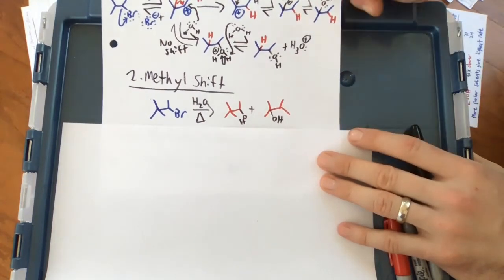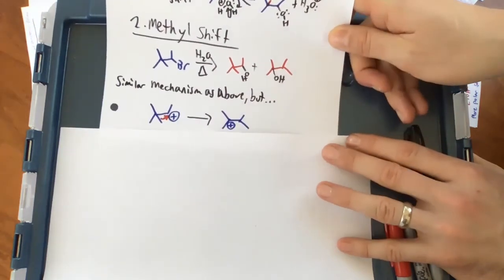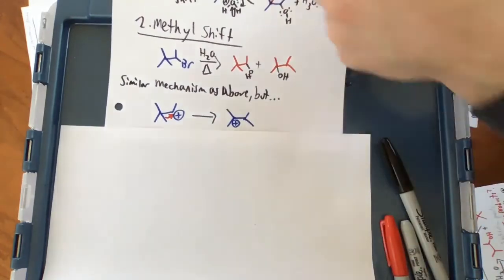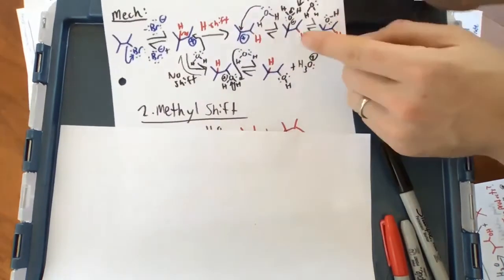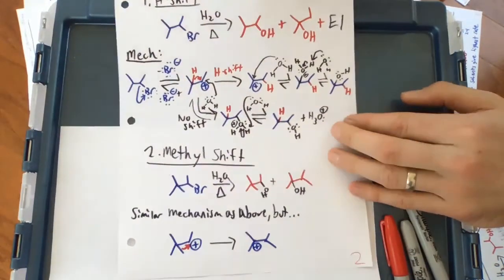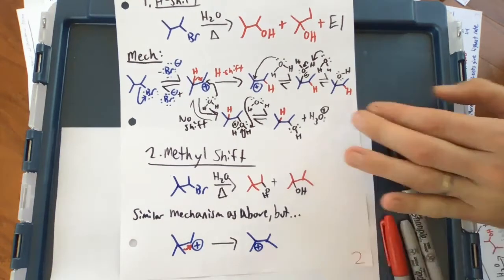And that, again, is due to the methyl shift. The mechanism is the same, basically, except instead of a hydride shifting, as was the case up here, you now instead have an entire CH3 group shifting over to give you the tertiary carbocation.